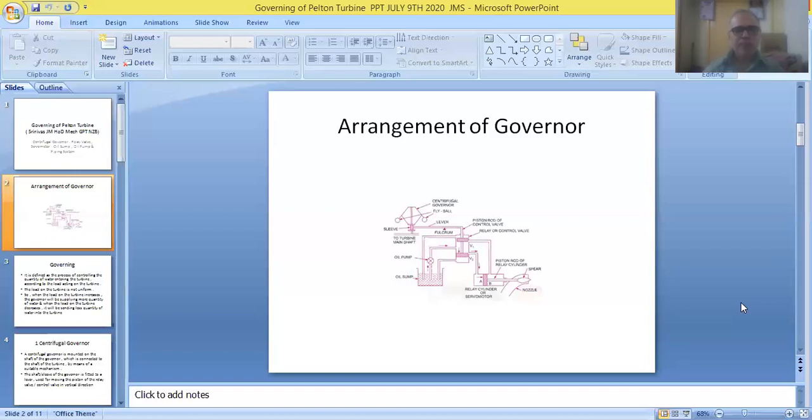Now, this high pressure oil is very, very essential for operating the piston of the servomotor. Therefore, this oil pump is used for increasing the pressure energy of oil and finally sending high pressure oil into the servomotor for operating the piston arranged inside the servomotor.